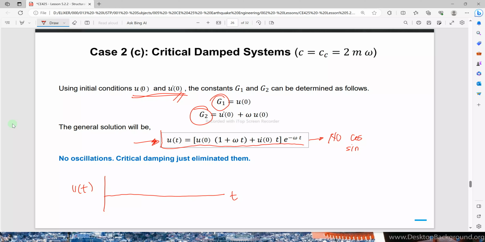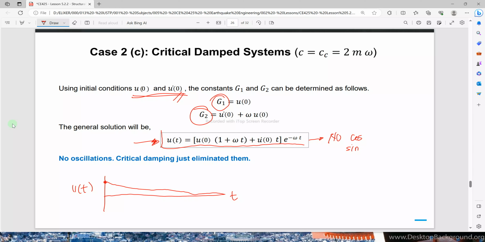So when you graph that, let's say you have an initial displacement, eventually it will look this way. It will eventually come to rest without oscillating. So this is a critically damped system. This happens when the damping factor of your structure is just equal to 1.